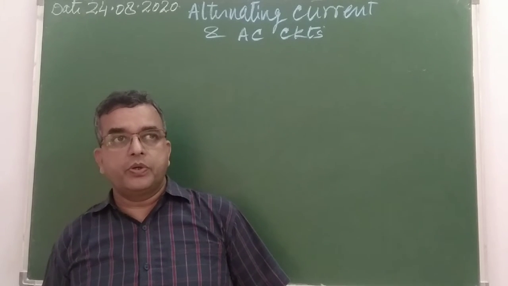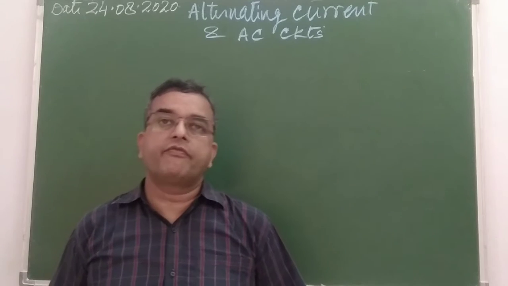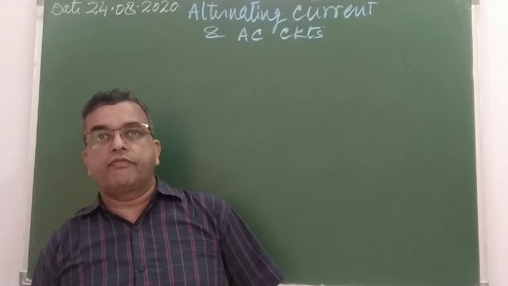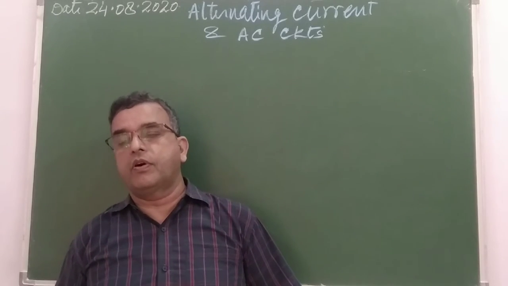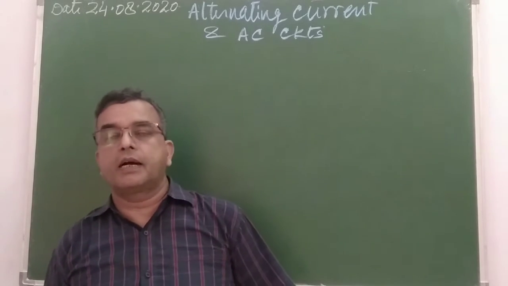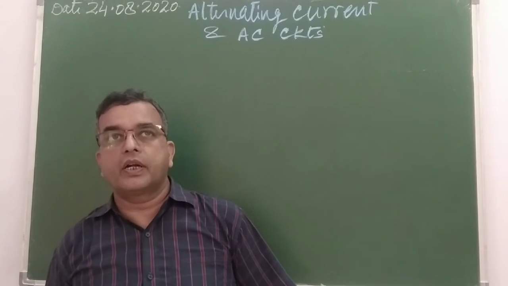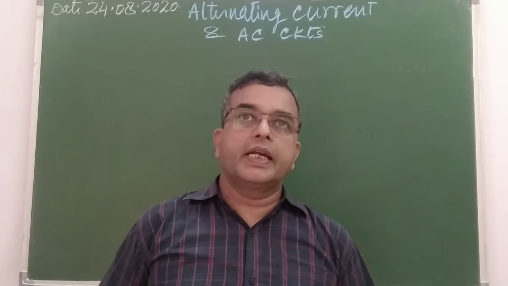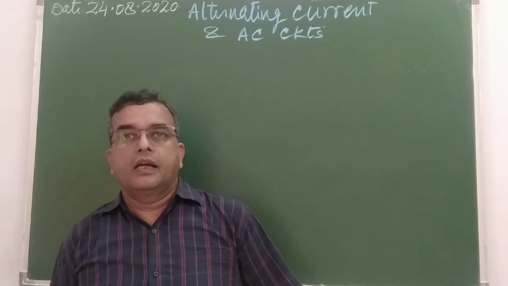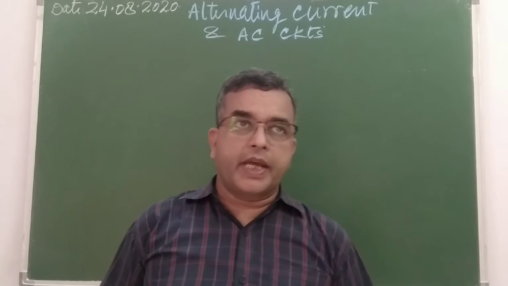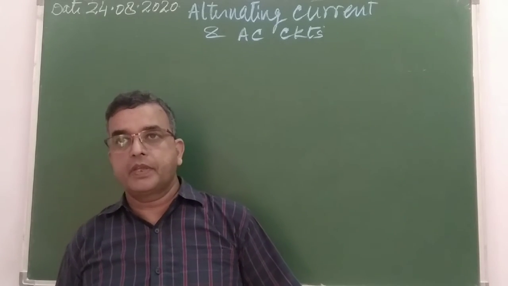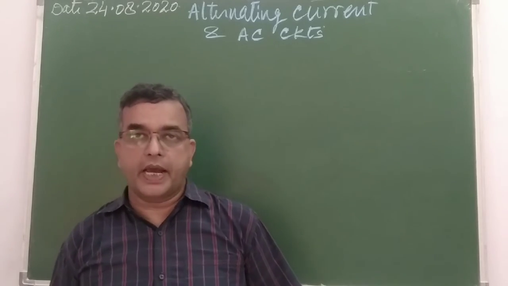The current amplitude, that is the peak value of current, is represented by I0, and the peak value of voltage by V0, or voltage amplitude. Frequency, the number of cycles completed in one second, is called the frequency of AC. It is represented by small f. Time period, or periodic time, is the time taken to complete one cycle of AC.